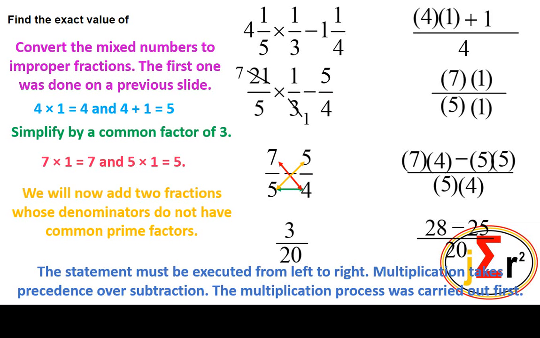The multiplication process was carried out first, and we are speaking in reference to the early manipulation in which we simplified right here, meaning that we are multiplying these two before we do the subtraction process. And that is why we had this done first, because we need to execute from left to right.